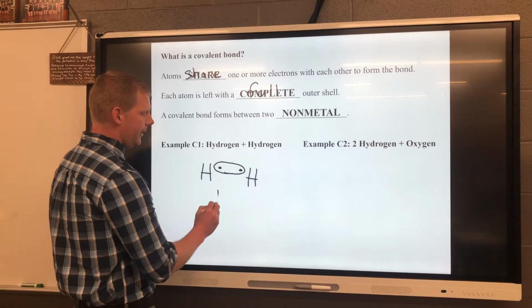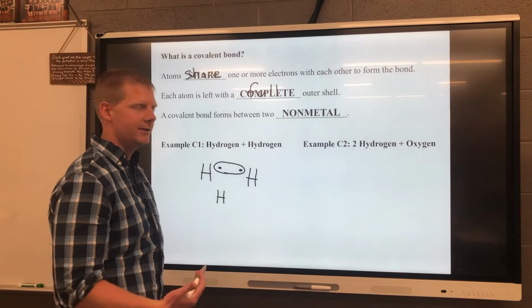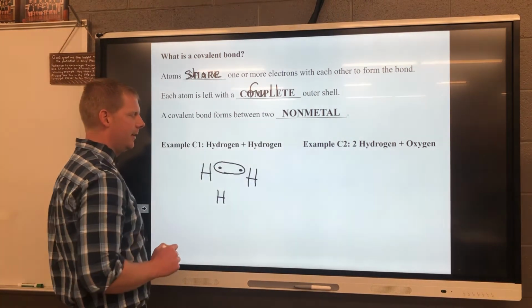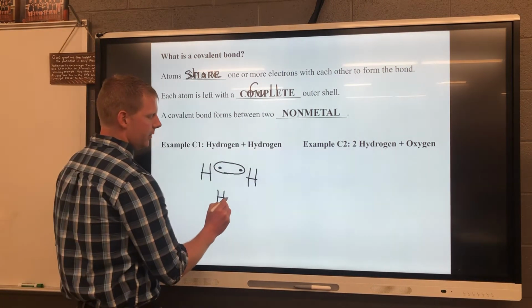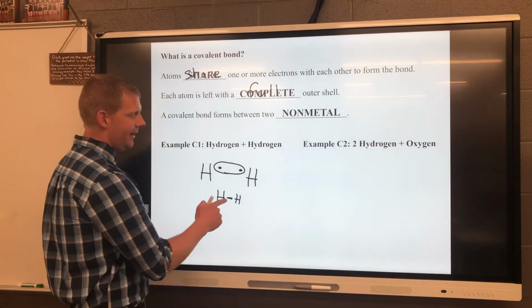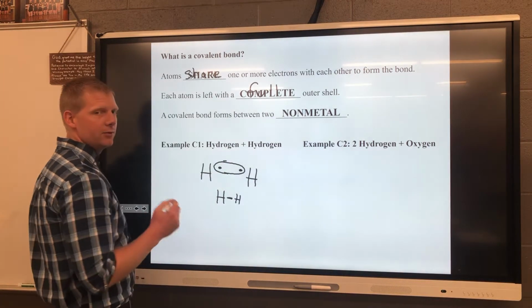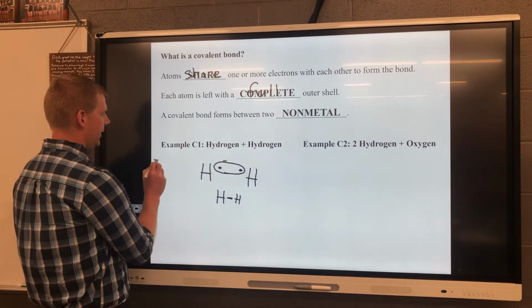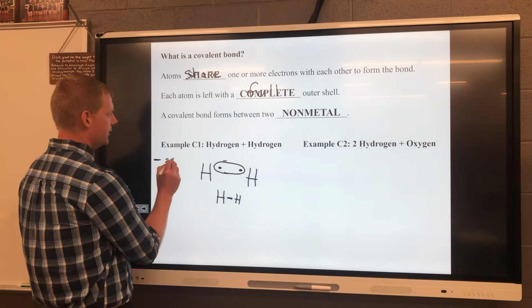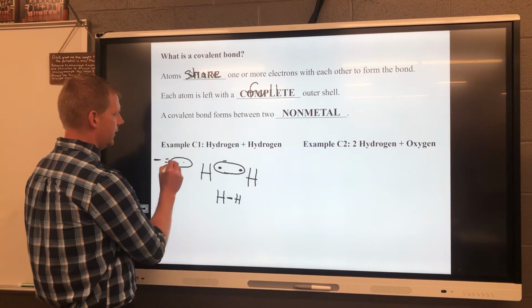So once we get more practice with this and we start to see it, we won't have to draw the dots out each time. You're just going to see basically a dash connecting them. And that dash basically means that they're sharing 2 electrons. So a dash equals a shared pair of electrons.